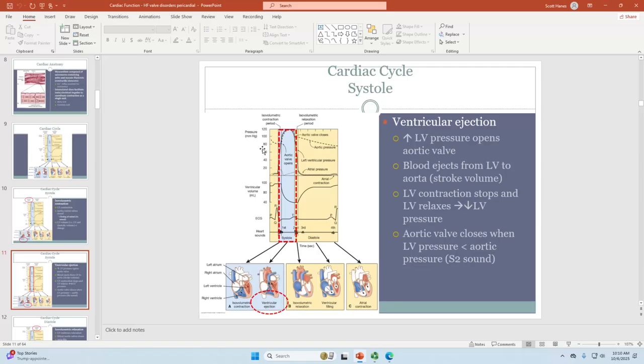Now we begin the ejection phase of systole, where the aortic valve is open because the left ventricular pressure has increased significantly, and blood begins to eject into the aorta from the left ventricle. At some point, contraction will stop.